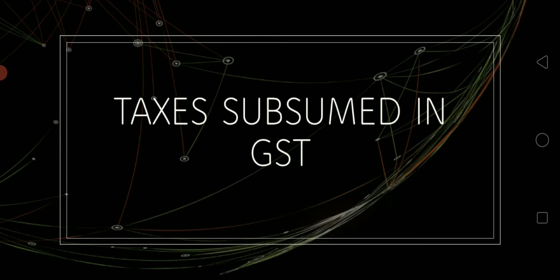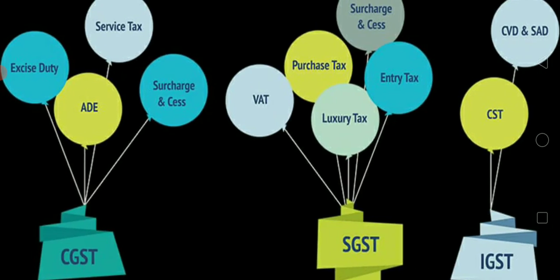The main objective is to remove all those taxes that are currently levied on the sale of goods or provision of services by either central or state government. The substitution of a large number of taxes and other levies will allow free flow of a larger pool of tax credits at both central and state level.